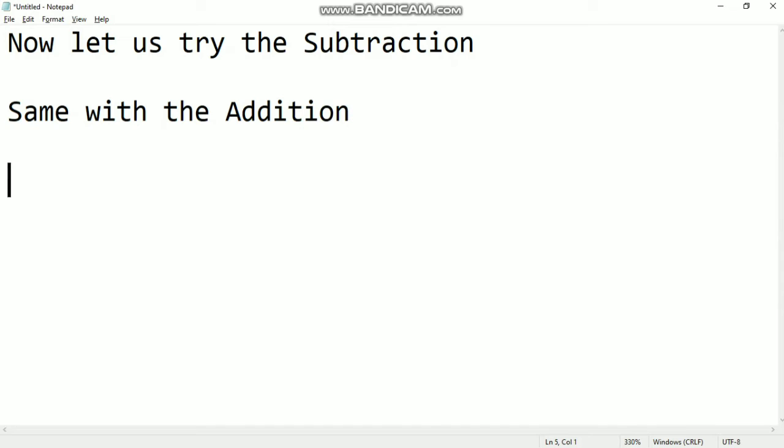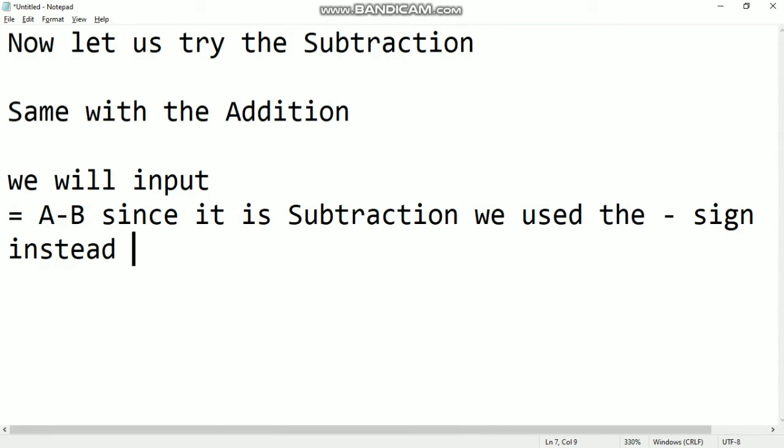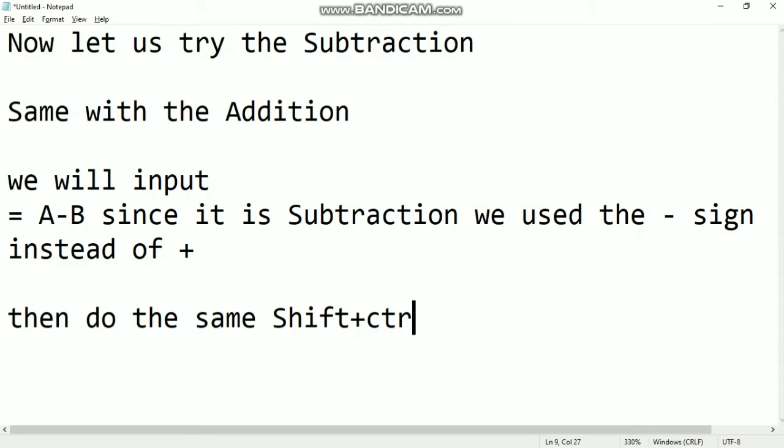Same with the addition, we will input equals A minus B. Since it is subtraction, we use the negative sign instead of a plus, then do the same, Shift plus Control plus Enter to show the matrix automatically.